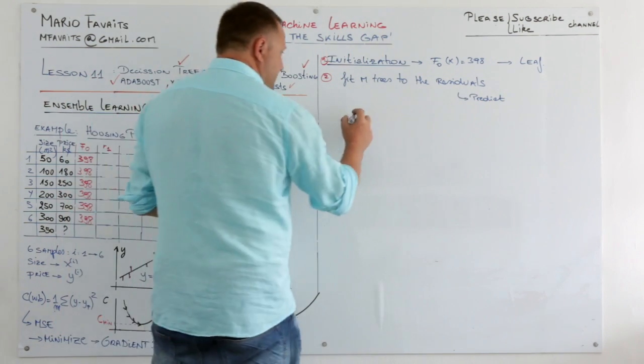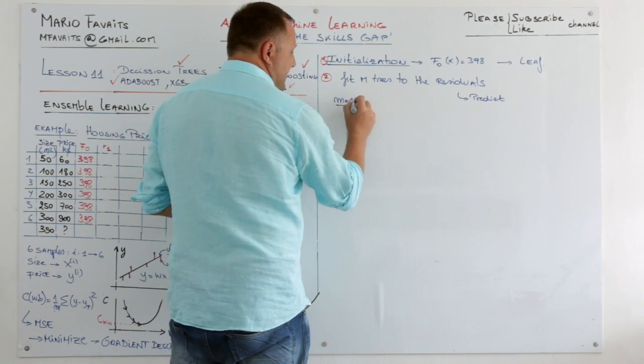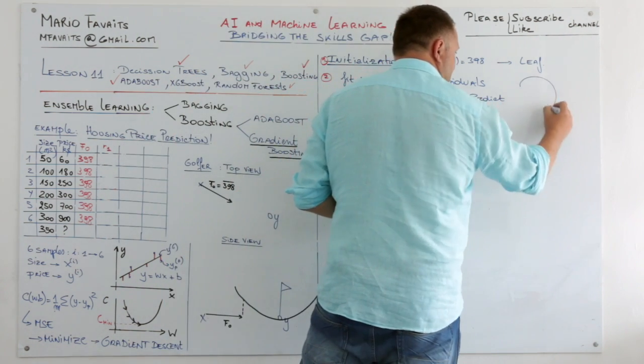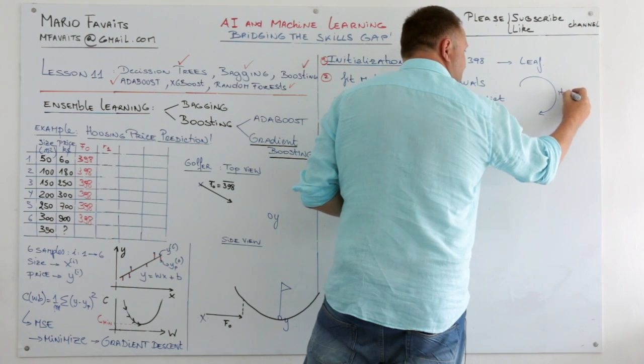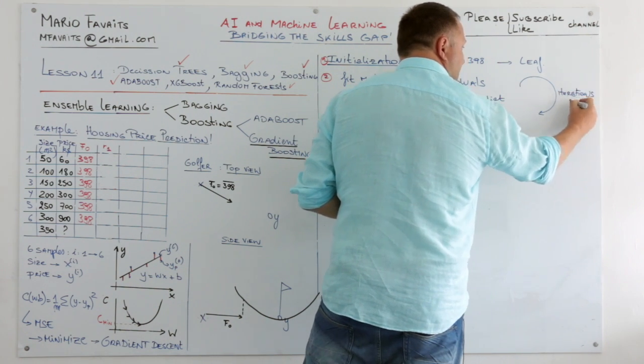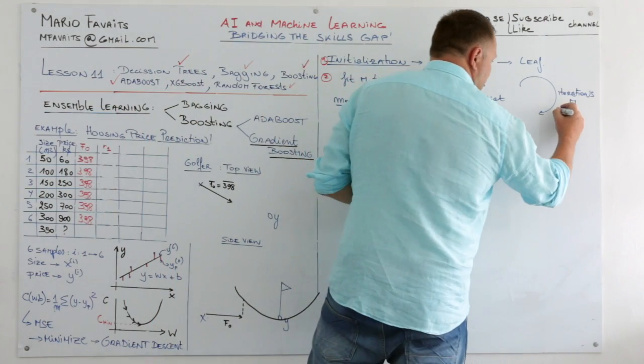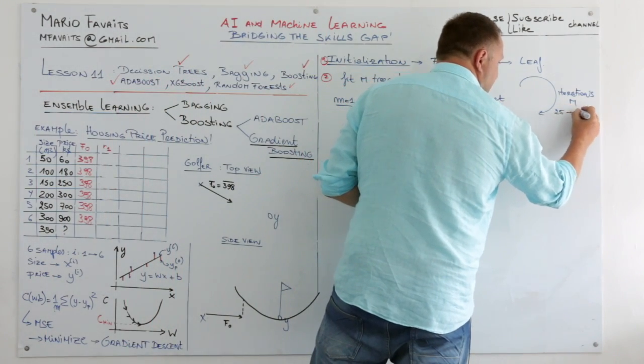And so what is a residual? First of all, we're going to set M to 1, because here we're going to have iterations. We're going to have M iterations. M can be anywhere from, I would say, 25 to 1,000.